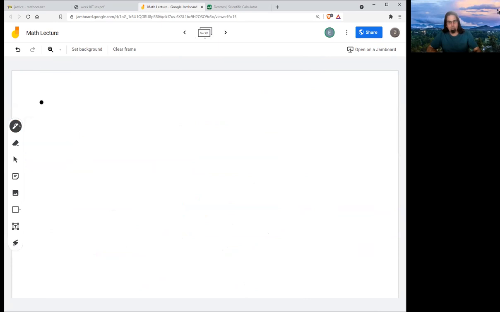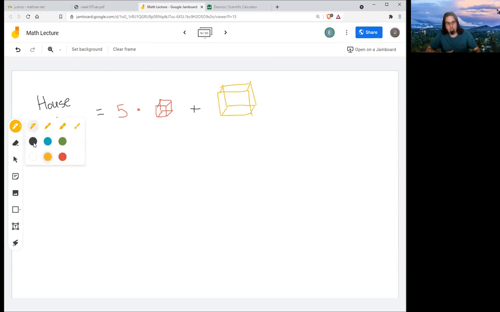So our house volume is 5 times the rooms on the left plus the big room in the middle plus the 5 in blue on the other side.